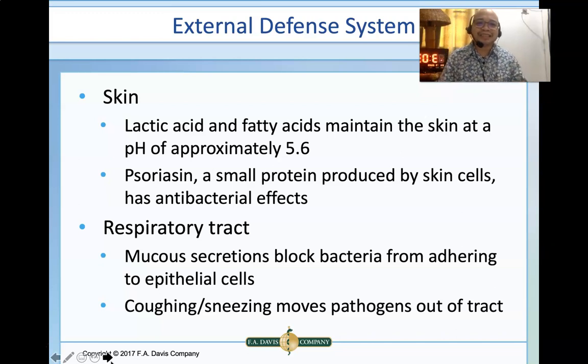Psoriasin also has an antibacterial effect. Now, let's talk about your respiratory tract. In the respiratory tract, the mucous secretions will block bacteria from adhering to epithelial cells, which means that whenever you cough or sneeze, you are expelling pathogens from your respiratory tract.